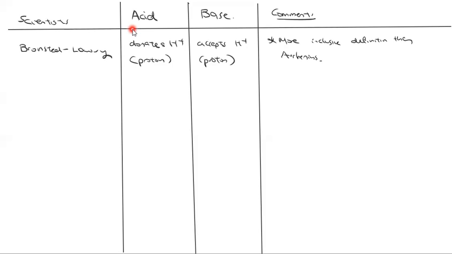Arrhenius is probably sufficient for certain purposes, and that's why I've been using it for several years. But it's more inclusive than Arrhenius's. So basically all Arrhenius's acids, I'll just write it as A, are Bronsted-Lowry acids without exception. Right? So it's basically a subset of Bronsted-Lowry now. Different definition, but it's now a subset.